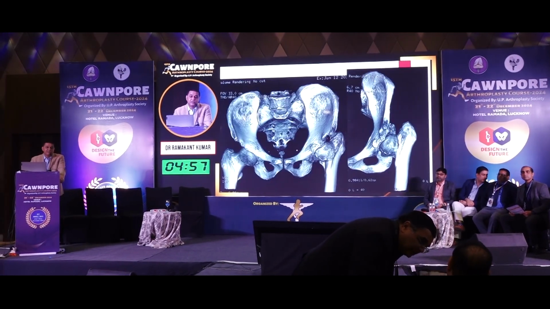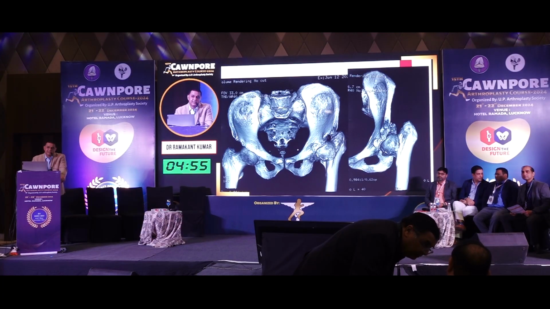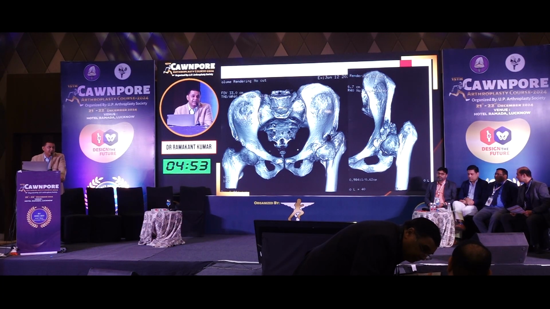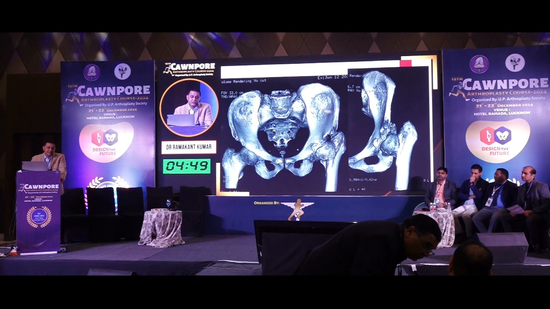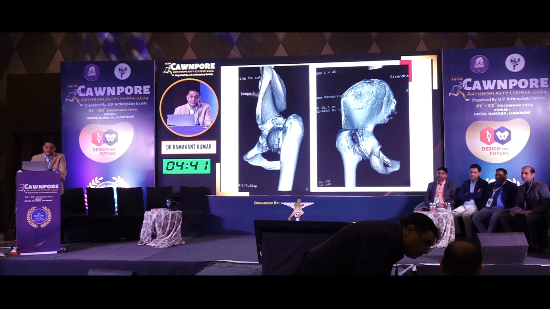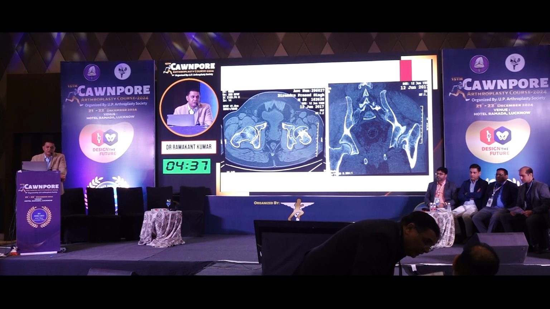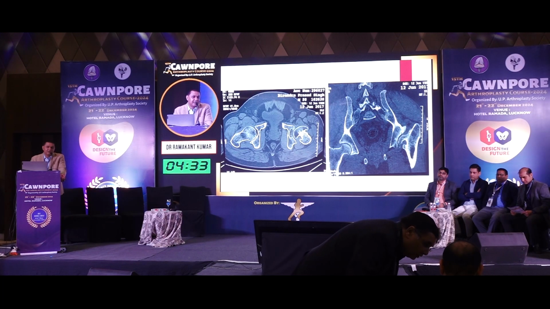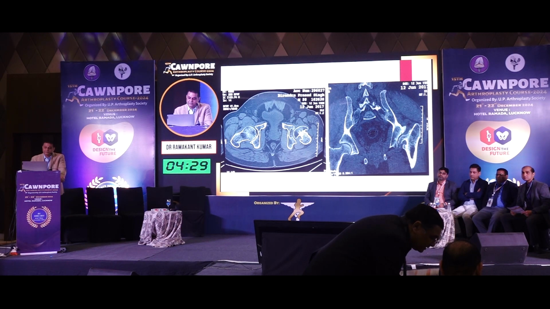So you need 3D reconstruction CT scans, which give adequate information about the deformity, the segmental defect, the anterior posterior coverage, and the bone stock, the medial bone stock. You need a 3D CT scan for adequate information about the patient you are going to operate.